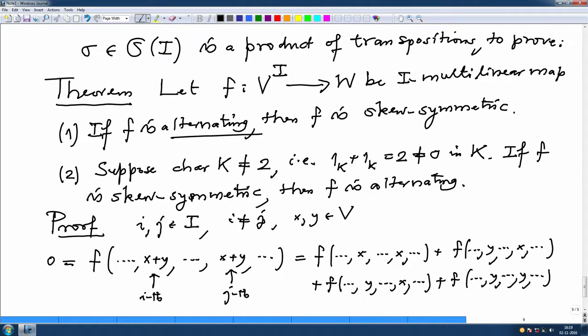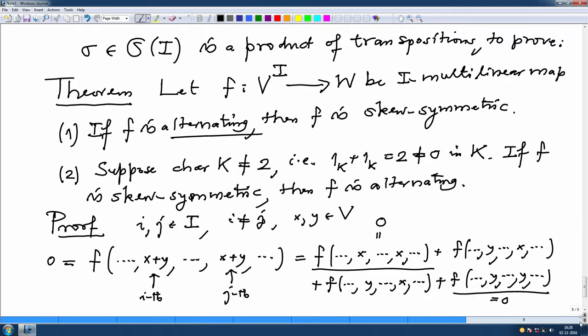And now f is alternating. So, therefore, this has 2 equal coordinates because x and x both remain at the ith and jth position. So this is 0. Similarly, y remains in the ith and jth coordinate, so this is also 0.